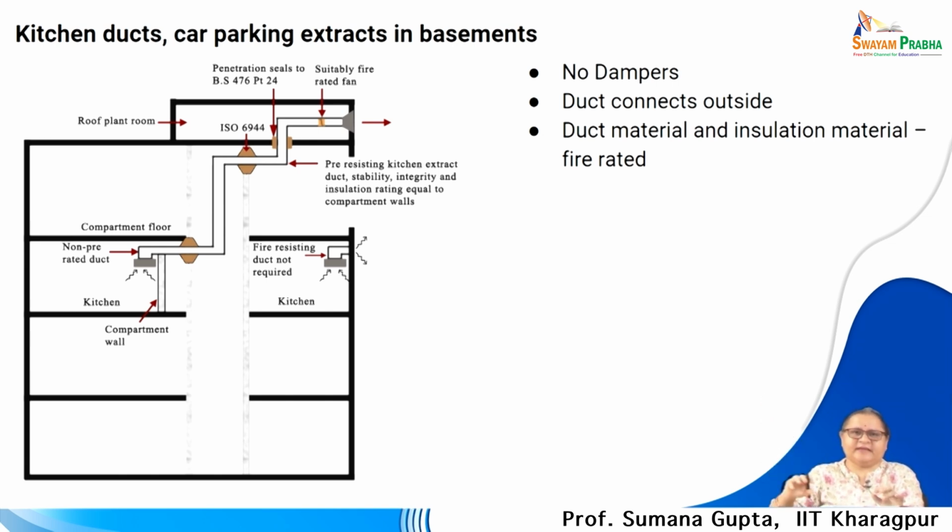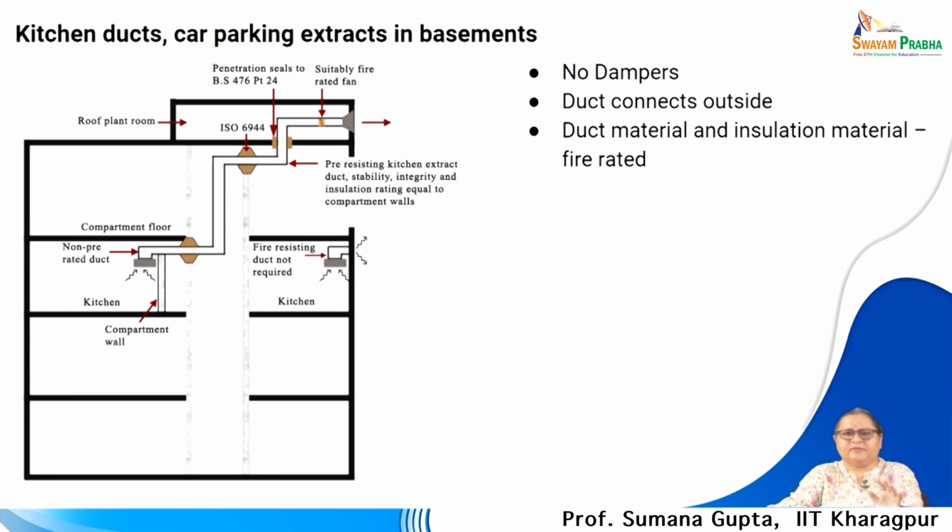Kitchen ducts take the fumes or exhaust outside the building, which is important to signal that there is smoke, there is a fire. So, the kitchen ducts need no dampers. Ducts connected outside give a cue to the people that there is a fire happening at some level in a kitchen, where people can go and take action.